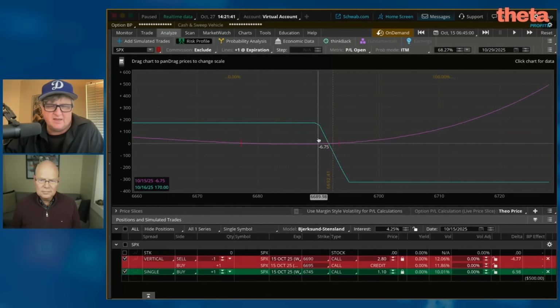If it's inside the tent, it's not so bad. But if it just meanders around in here for an hour or two, that's the worst thing that can happen with this trade, because again, this pink line will start to sag, and it will continue to sag throughout the day.